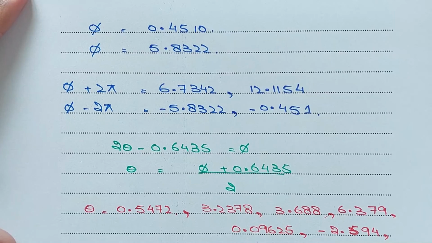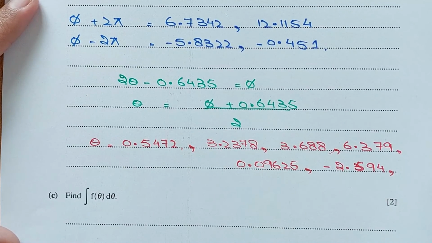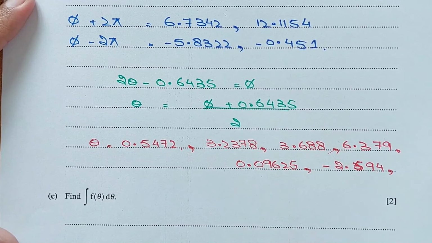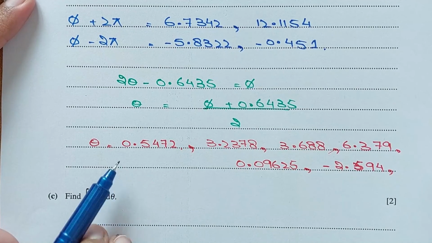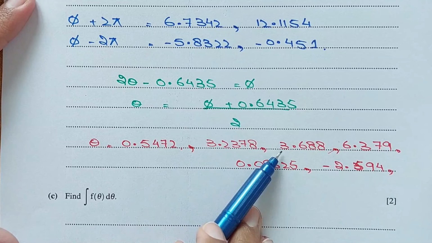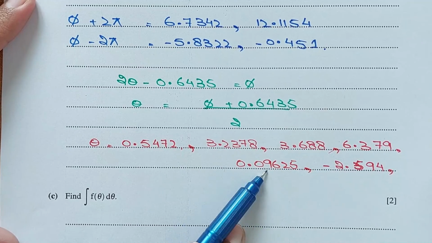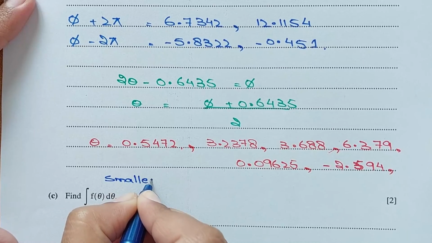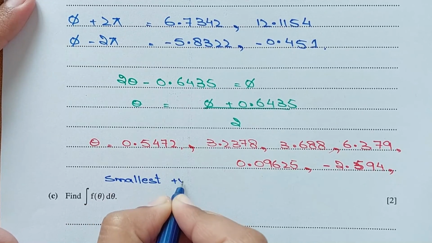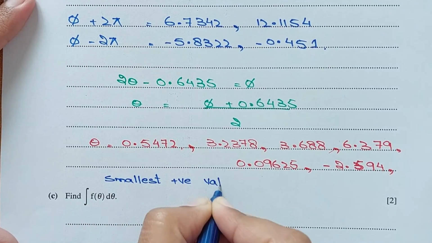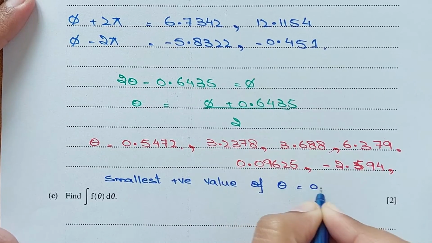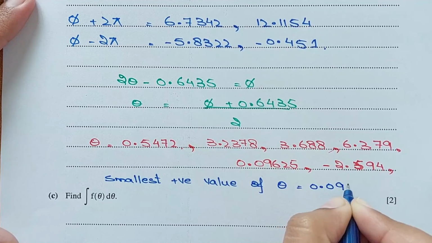Okay, so which one is the smallest one? We need to pick the smallest and the positive. So the negative one is cancelled. We need to pick the smallest and the positive: 0.5, 3.2, 3.8, 6.3, 0.09. So we can say that the smallest positive value of theta is 0.0962.